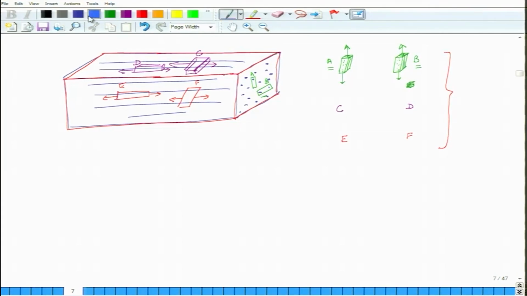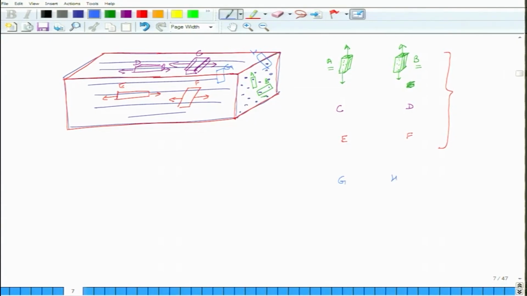But if I start cutting the material differently, suppose if I cut a material like this, okay, and in the other case I cut a material like this, the properties of G and H will not be the same.